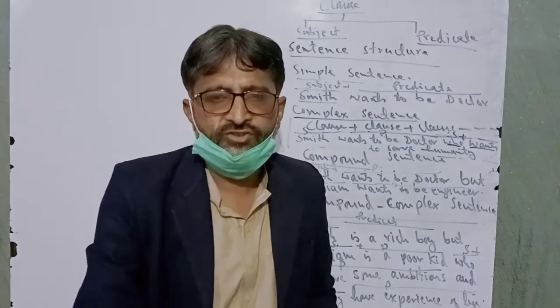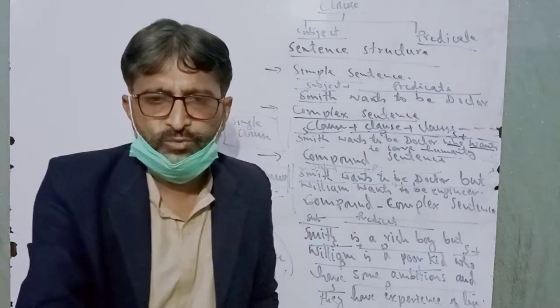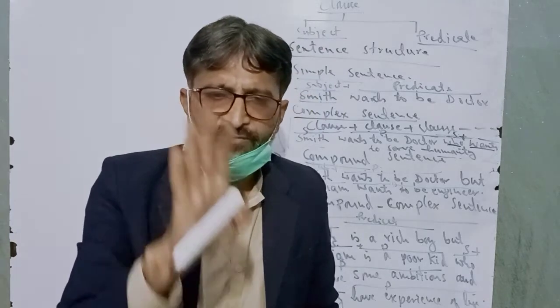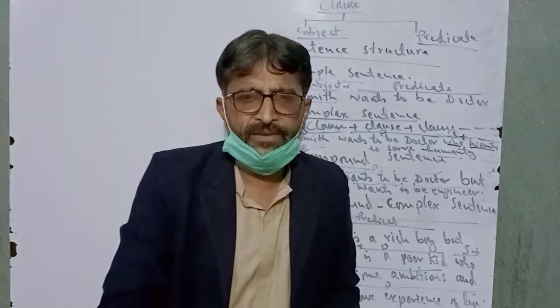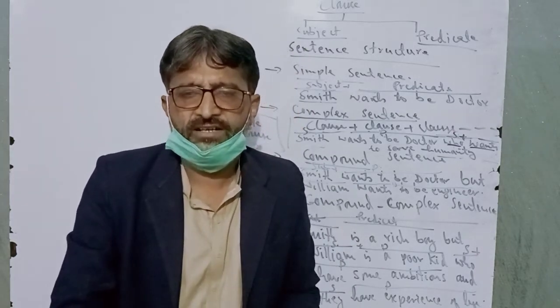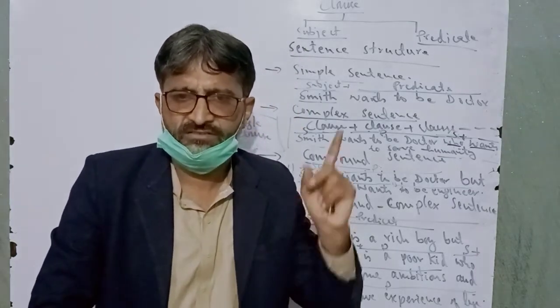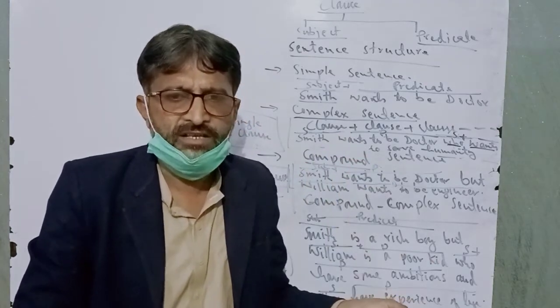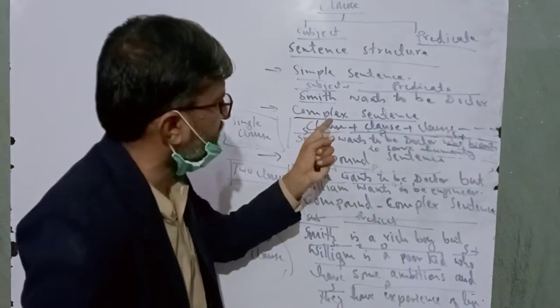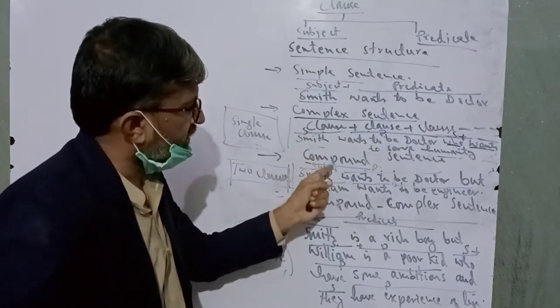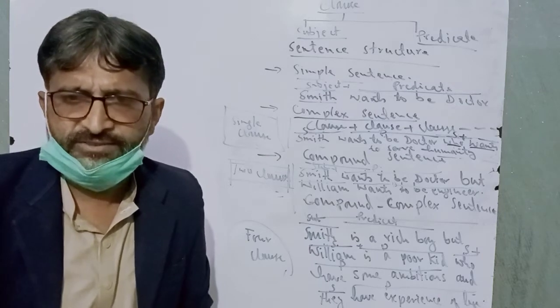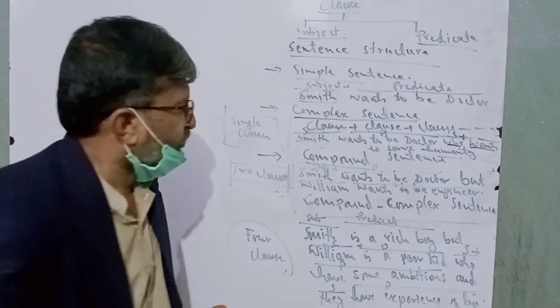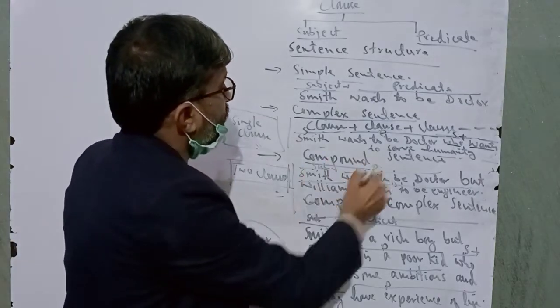When a sentence shows two subjects and two predicates, or three subjects and three predicates, or four subjects and four predicates, and there is a main clause or principal clause, that kind of sentence is called complex sentence, and its structure would be in this way, and you can follow this sentence as a model that you can write in this way. After that we are just talking about compound sentence.